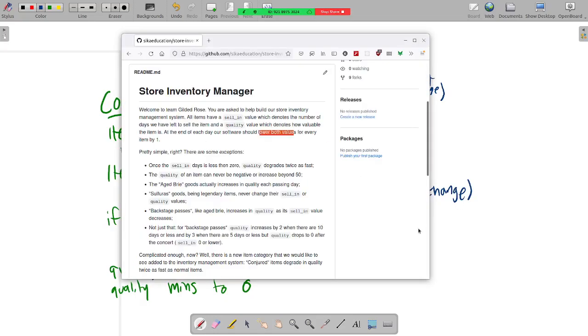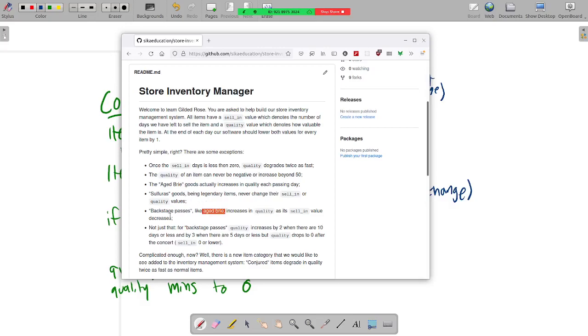Cool. Backstage passes, like aged brie, increase in quality as the sell-in value decreases. Oh, I see. Backstage passes are another one. Just like aged brie goes up over time, backstage passes go up as well.